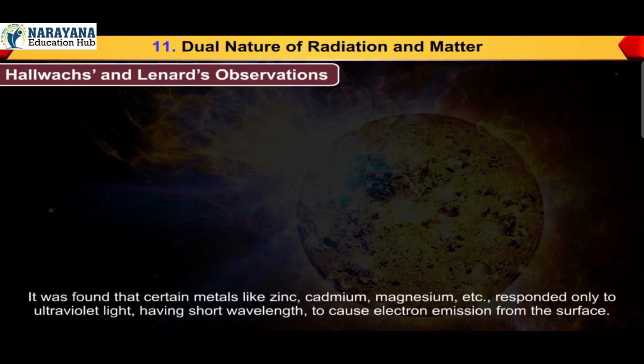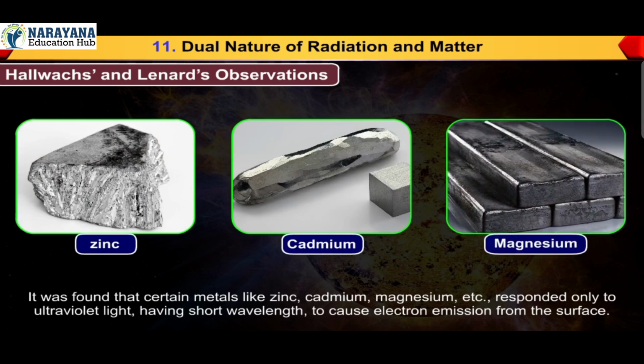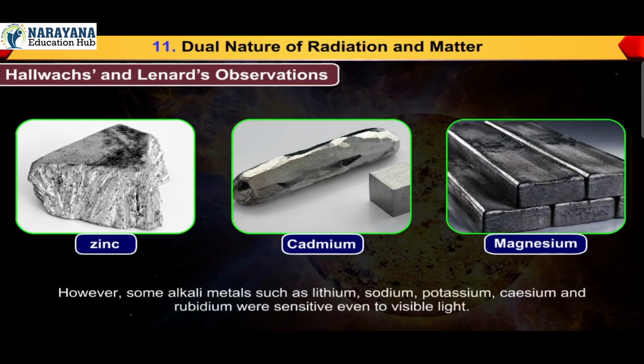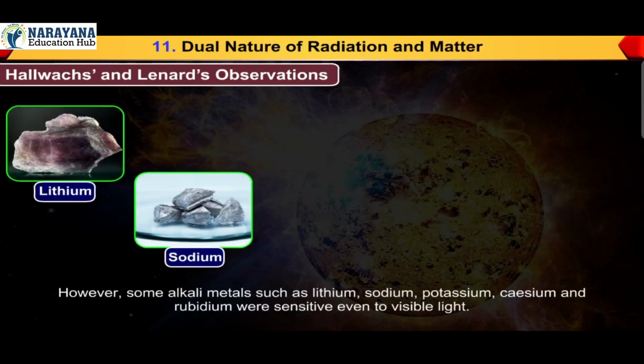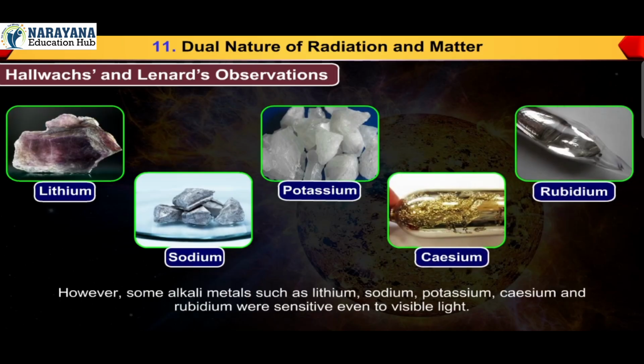It was found that certain metals like zinc, cadmium, magnesium, etc. responded only to ultraviolet light, having short wavelength, to cause electron emission from the surface. However, some alkali metals such as lithium, sodium, potassium, cesium, and rubidium were sensitive even to visible light.